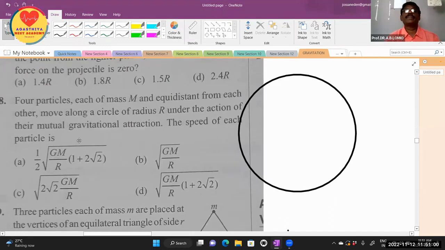Consider this circle. The four particles are moving along a circle of radius r.